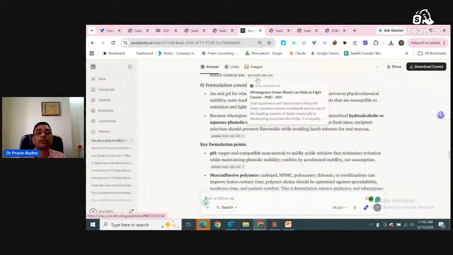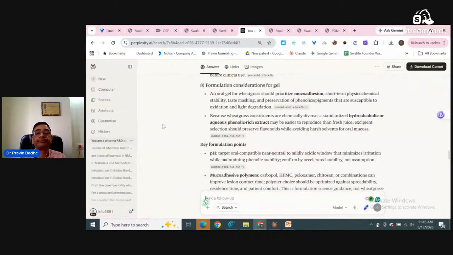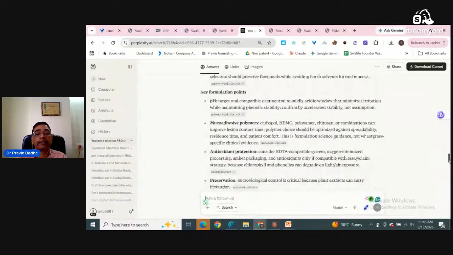So here we are going for gel. So it is giving us information that chemically diverse, or standardized hydroalcoholic or aqueous rich extracts may be easier to reproduce. So it is also giving us information on what we can do instead of gel. But if you are going for gel, what type of extraction can be done, and the key formulation points.